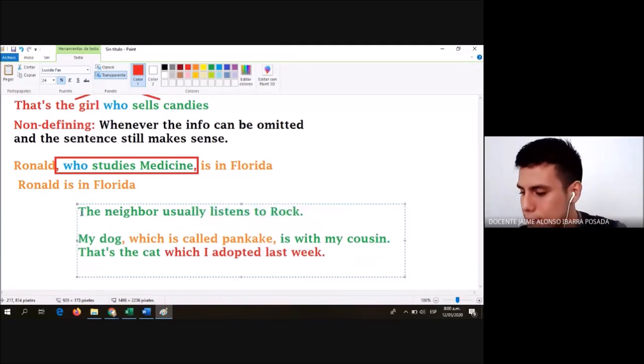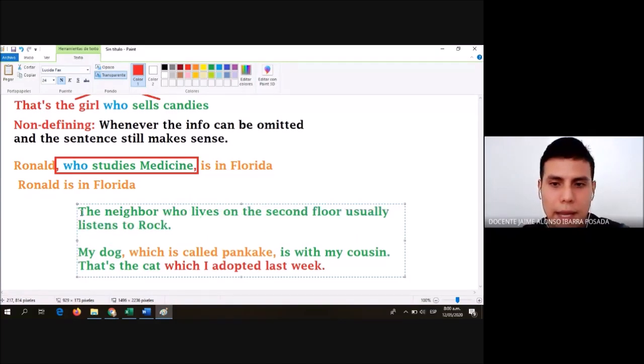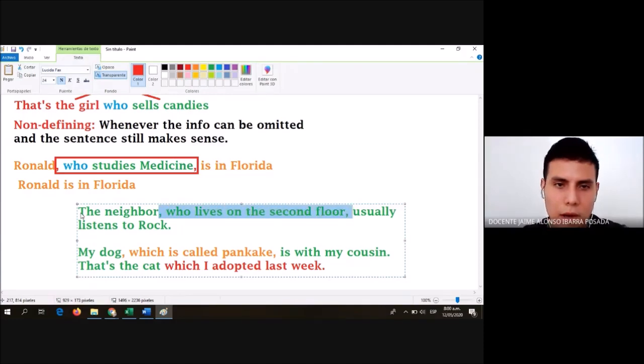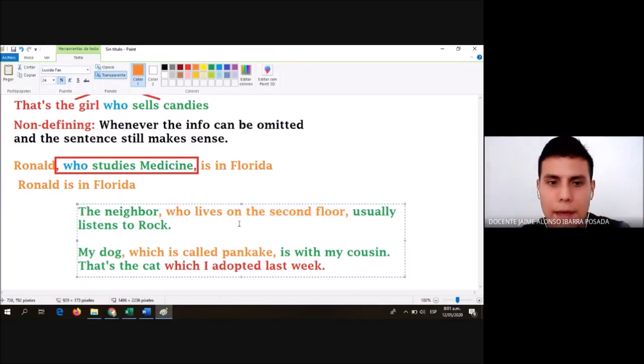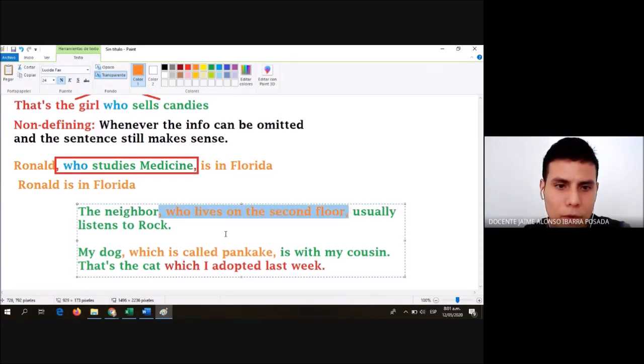Yes, it is possible. Therefore, this one is with commas. Why? Because, like I say, it's a non-defining relative clause. It means that this information is not necessary for this to make sense.